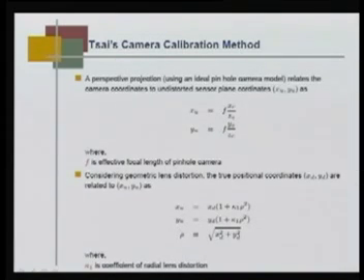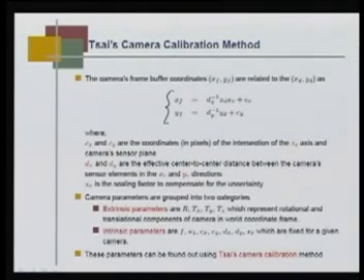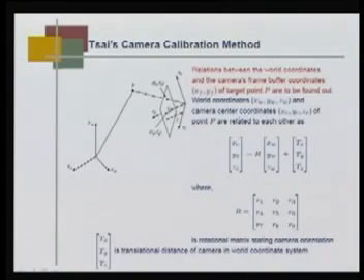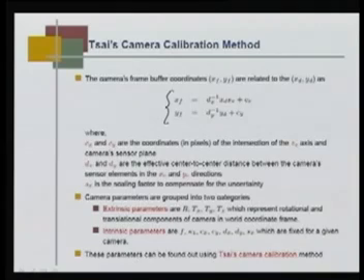In this, kappa 1 and f are there, and in this are dx, dy, sx, and also cx, cy, which you know is this point. These parameters can be found out using the camera calibration method.